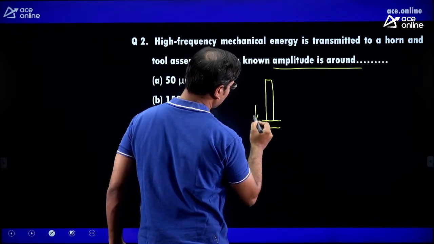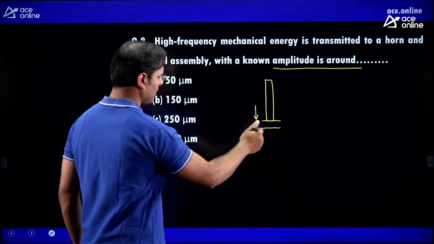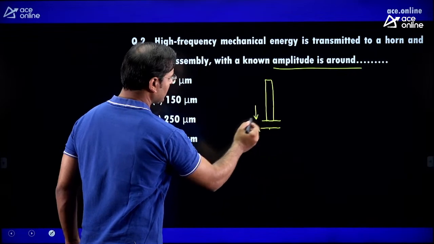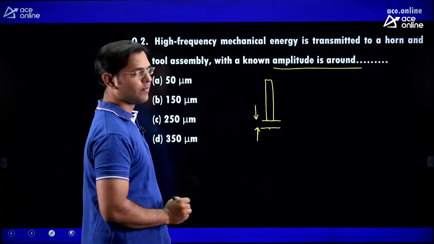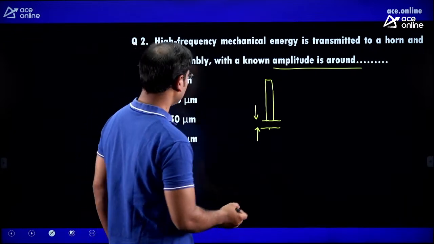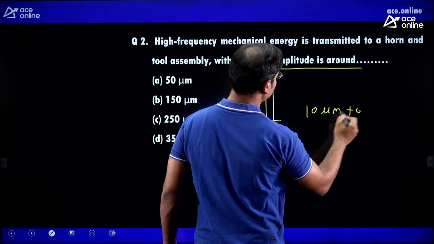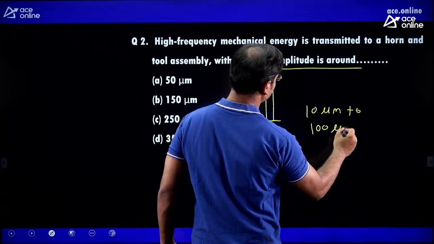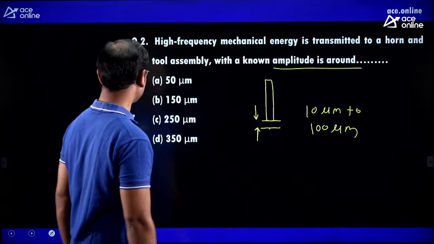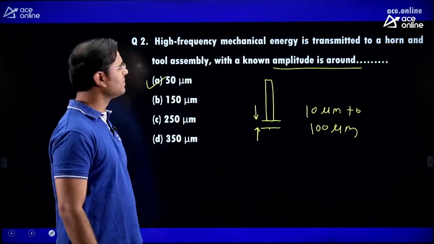The tool is always covering that distance, going from top to bottom and again to top, and this distance is known as amplitude. And that amplitude in the ultrasonic machining method is around 10 micrometer to 100 micrometer. What is the option here? Yes, 50 micrometer is the option and it is the correct option.